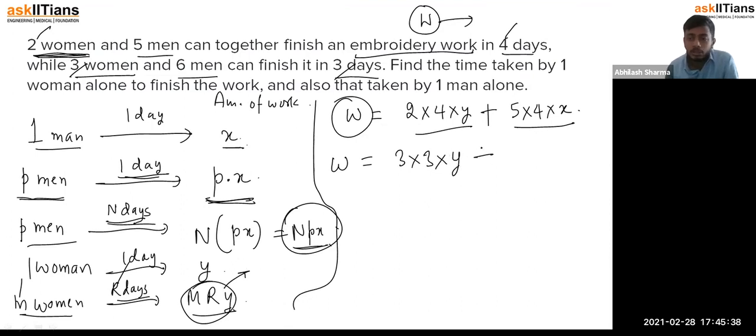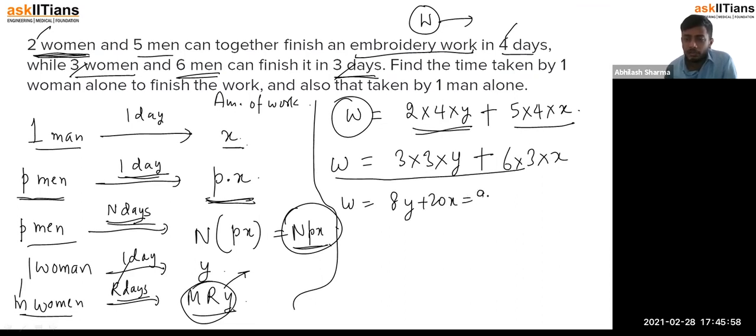And how much work will 6 men deliver in 3 days? So 6 into 3 into x. So we are getting two equations: W equals 8y plus 20x, but W is also equal to 9y plus 18x. Correct? So this is what we are obtaining.